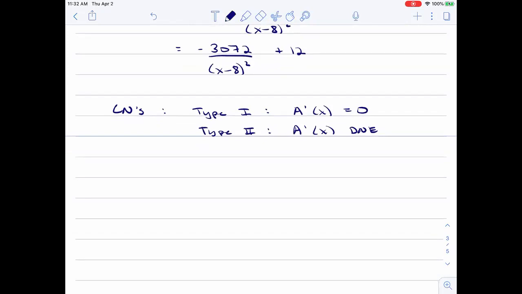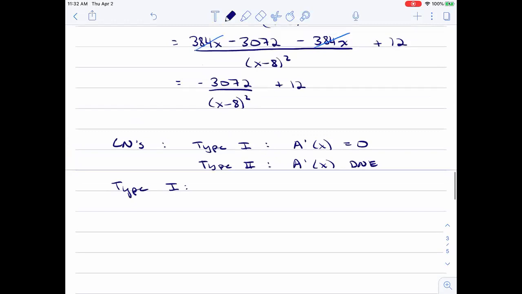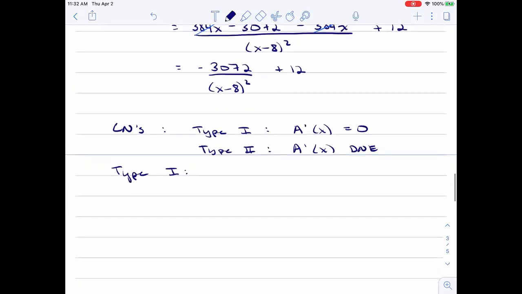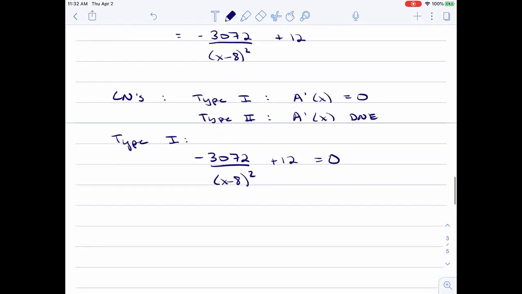Let's start with type 1. We want negative 3072 over x minus 8 squared plus 12 to equal 0.